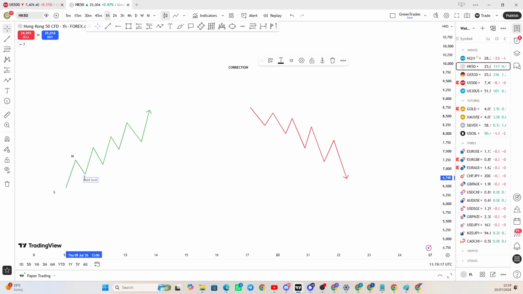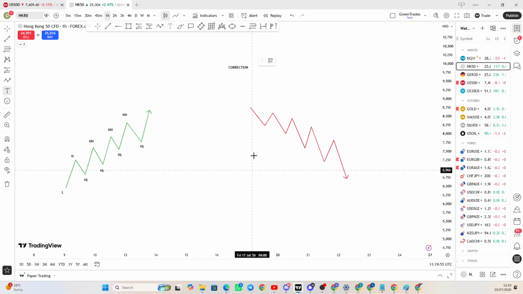This becomes a higher low because it's higher than the previous low, and this becomes a higher high because it's higher than the previous high. It's the same for these ones as well. So that's an indication of a bullish market, right?